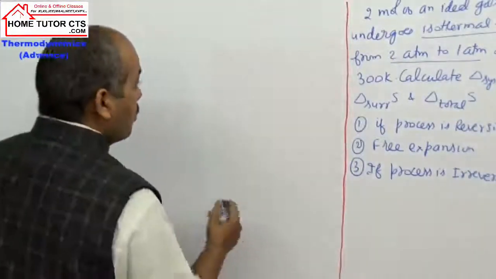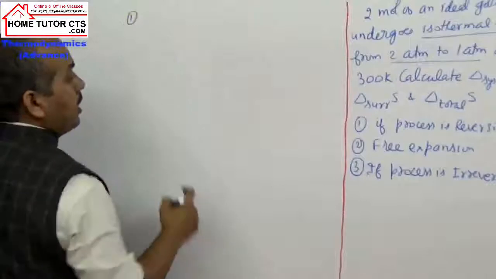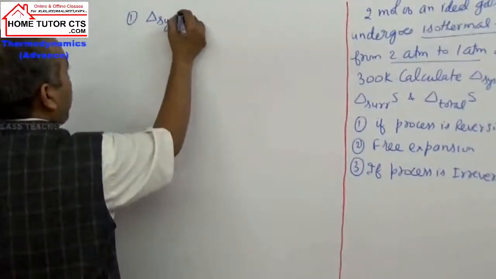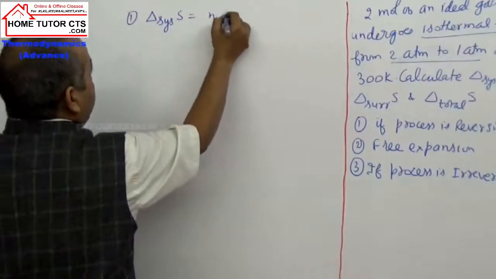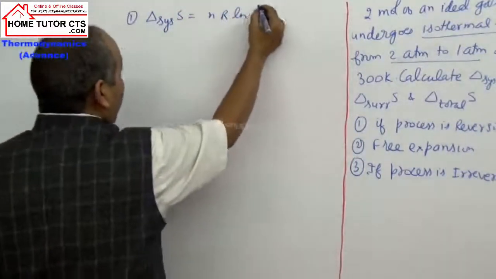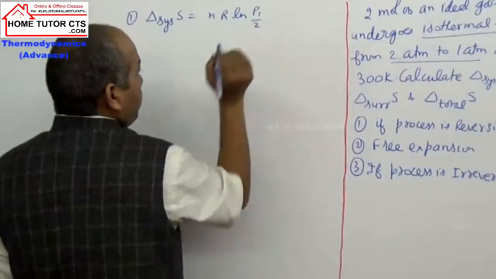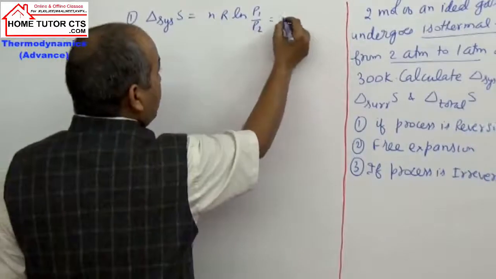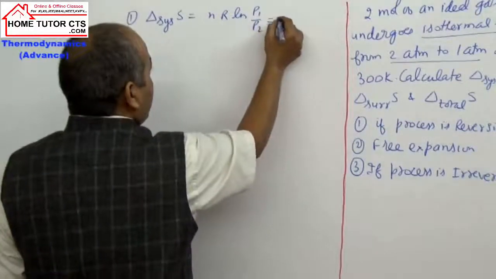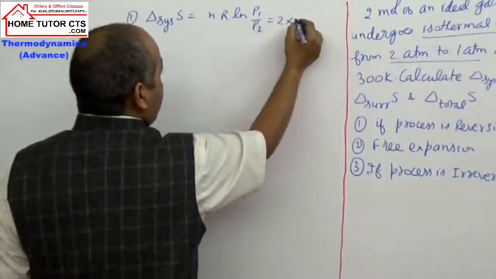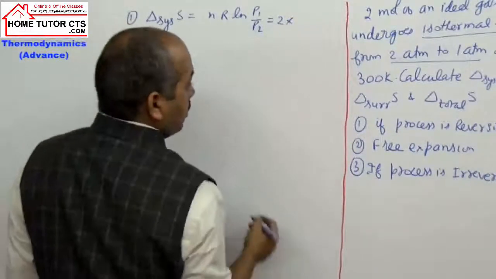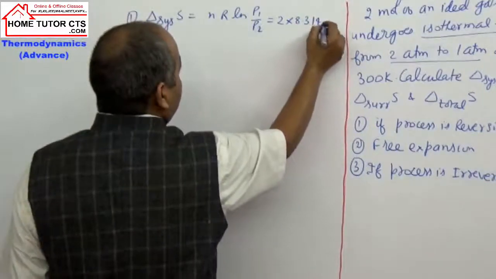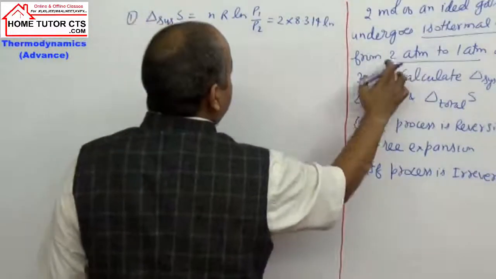If I take the calculation, let's say in the first part, what is delta S system? We can calculate by the relation nR ln V2 by V1, or we can write P1 by P2. In this case, the number of moles is 2. R, the gas constant in joules, is 8.314. ln, what is the pressure?